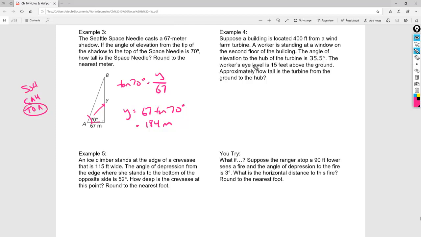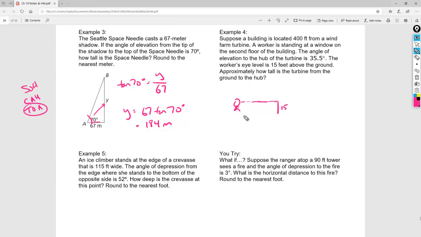Right, next example. We have a building located 400 feet from a wind farm turbine. A worker is standing at the window on the second floor of the building. The angle of elevation to the hub of the turbine is 35.5 degrees. The worker's eye level is 15 feet above the ground. So how tall is the turbine from the ground? So we have some guy. Okay, let's say that's our guy. He has a line of sight that is 15 feet above the ground.